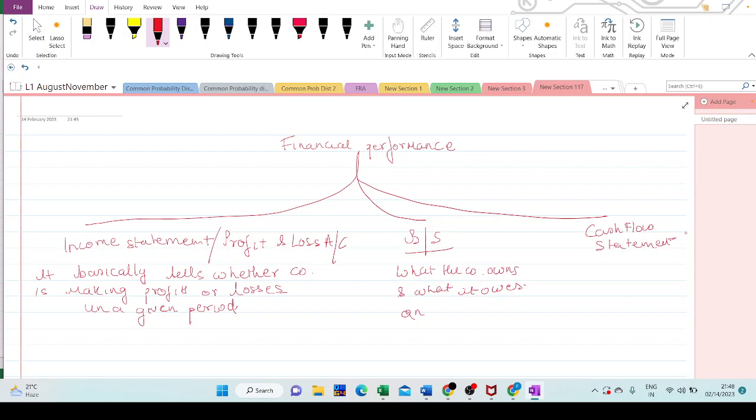And if the company has a net cash outflow or negative cash flows, that basically means that more cash is going out than coming in, right? And the cash flow statement helps analyze the liquidity of the company.